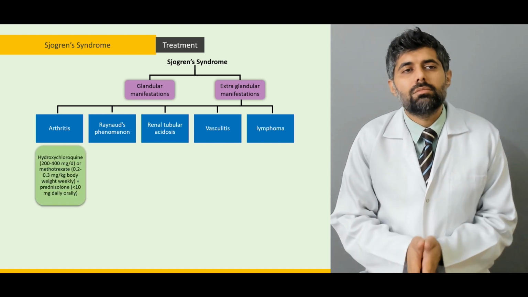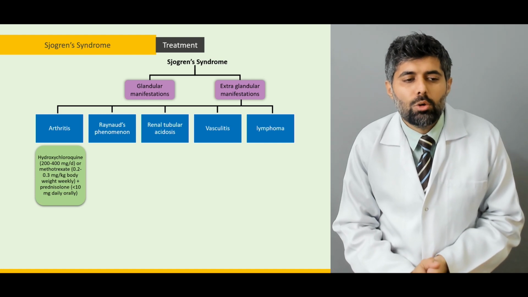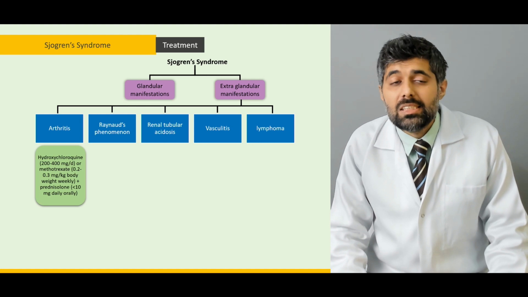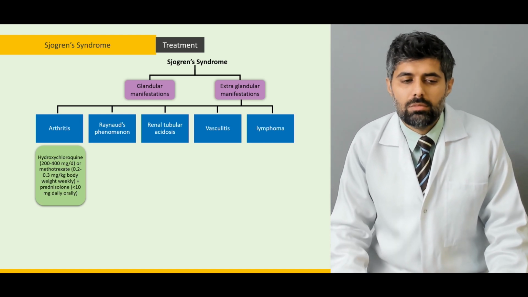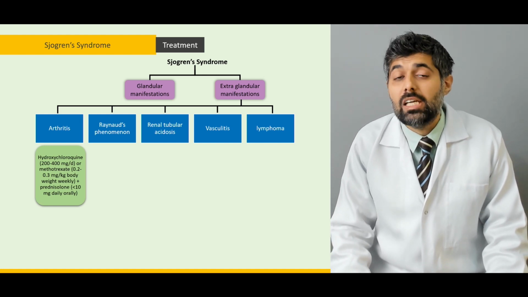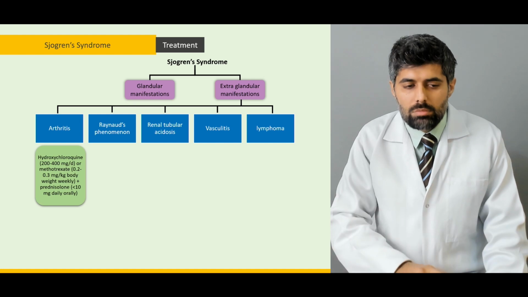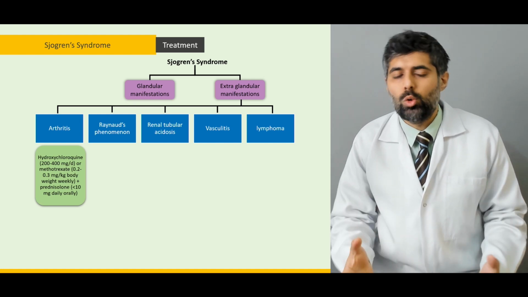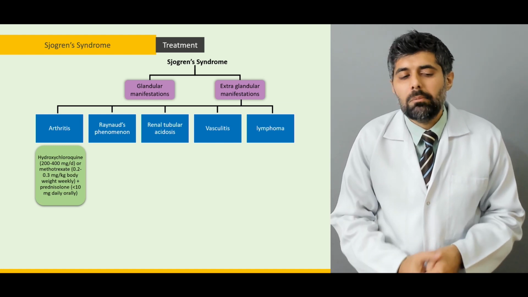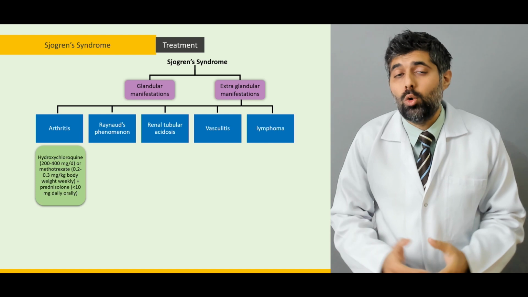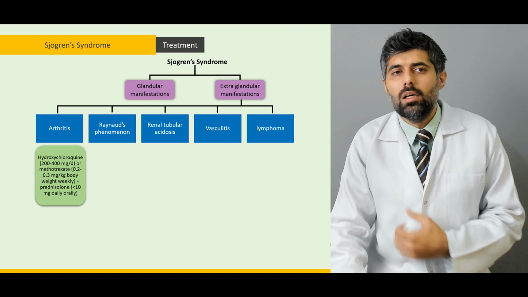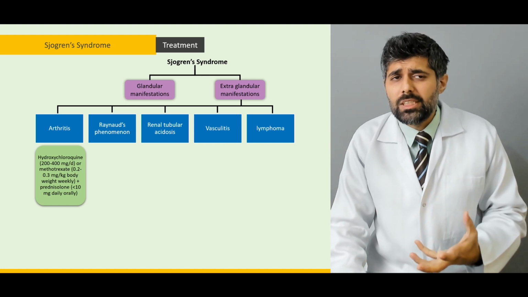For arthritis, we give hydroxychloroquine 200 to 400 milligram per day or methotrexate 0.2 to 0.3 milligram per kg body weight weekly, along with daily prednisolone or glucocorticoids. They are usually given in a dose less than 10 milligrams daily and orally, and they're usually enteric coated in order to avoid any dyspepsia.